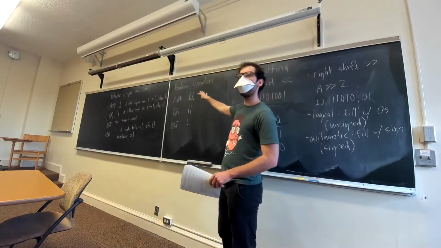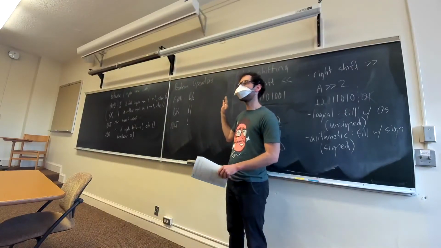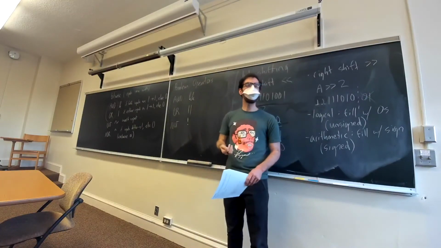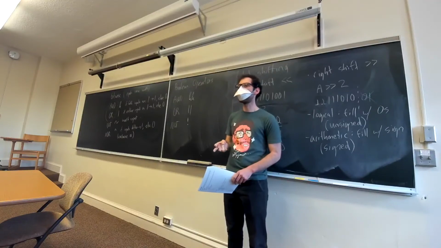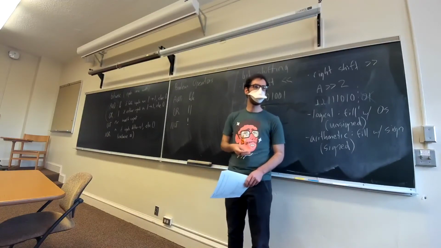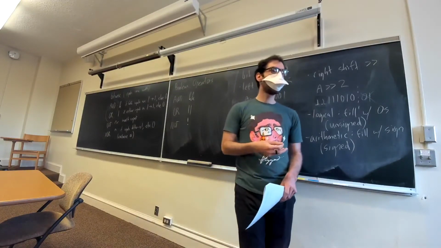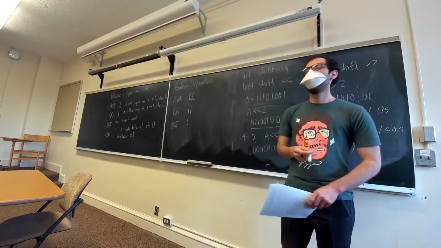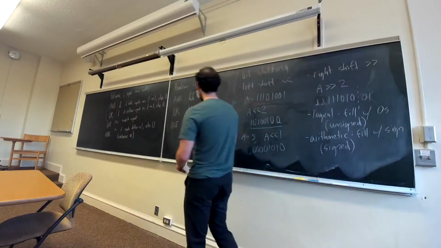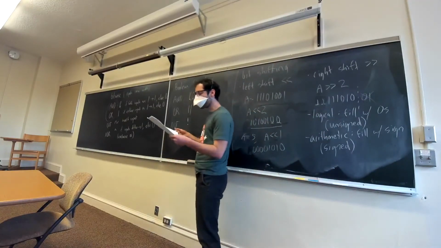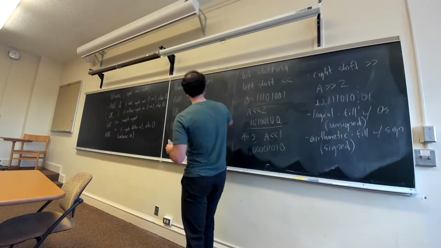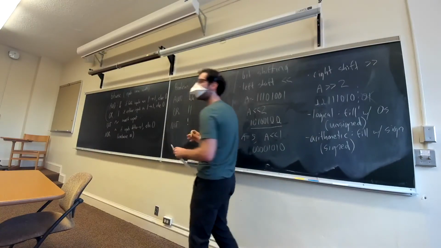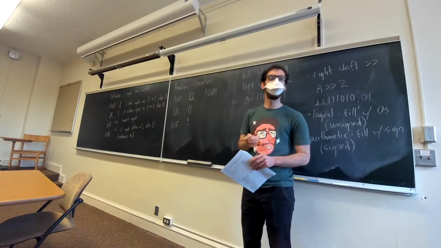Does anyone remember what I said earlier about how true and false are represented in C? Rebecca? I think you said that false was represented as 0, and then any other value is true. Exactly. And we can really see this if we consider not hex 41.